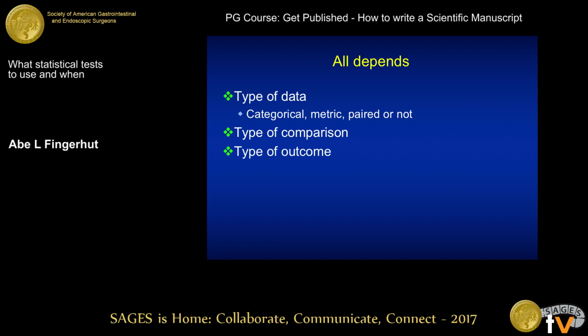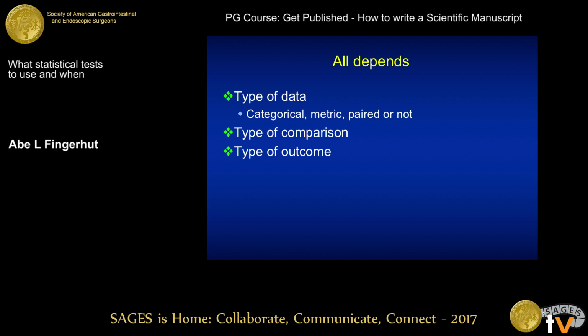It depends on the type of data, whether it's categorical, metric, whether the data is paired or not, whether it's one measurement or two measurements. Two measurements in the same person, the same participant, means you have to use a paired data statistic. It depends on what you're comparing. It depends on what outcome you're looking at. Are you looking at a prognostic factor?